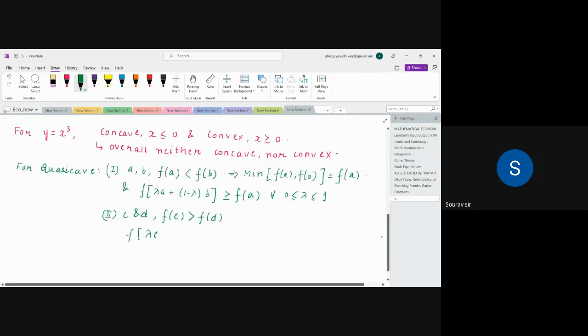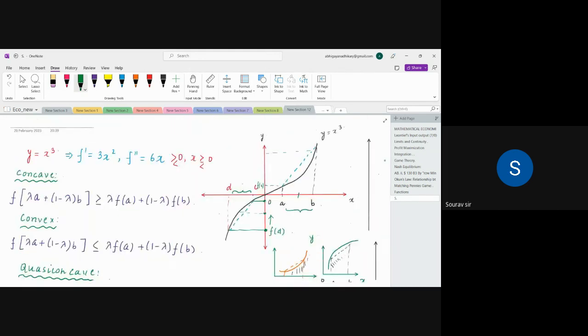Function of lambda C plus (1 minus lambda) D is obviously greater than function of D. So it holds for these two regions. And if you take, let's say, 1 positive and 1 negative, let's say I take point D and point B, then also the minimum would be function of D. And if you take any point in between this range, then also it will hold, correct? The functional value will lie greater than function of D.